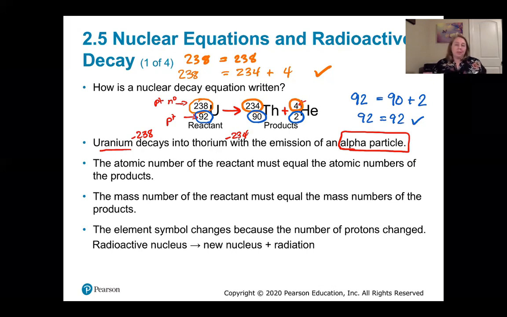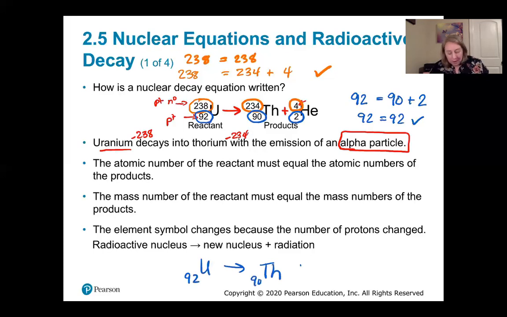You have to remember that our element symbol changed. Here we went from uranium to thorium. Our element symbol is changing because our number of protons changed. We started with 92 and ended up with 90.